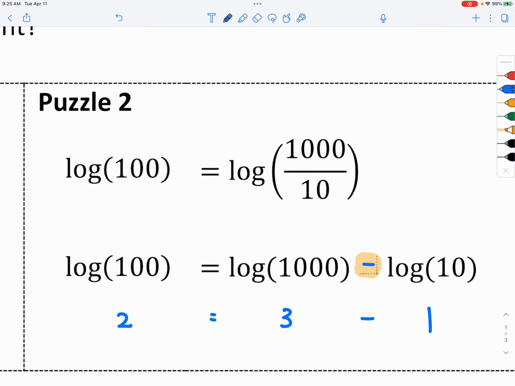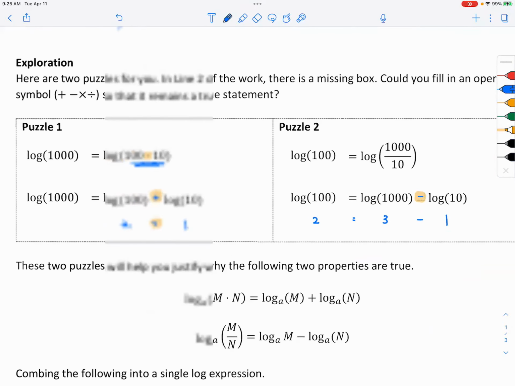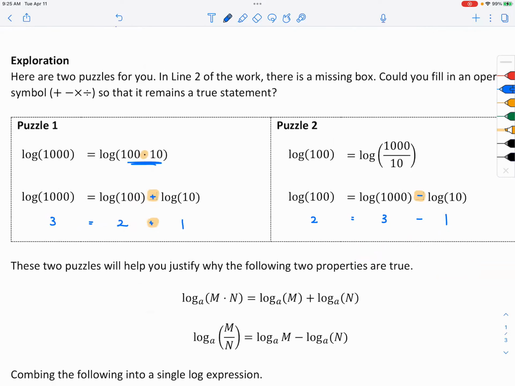Now, I hope these 2 puzzles are not too difficult or too challenging to you. The reason why I'm putting these 2 puzzles on this page is because of this reason. I remember when I was a kid, my teacher showed me these 2 properties and said, all right, go ahead, memorize these properties. We'll do some practices and then just know them very well, these 2 properties.